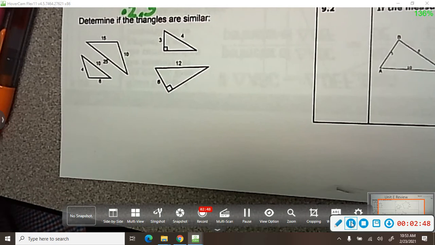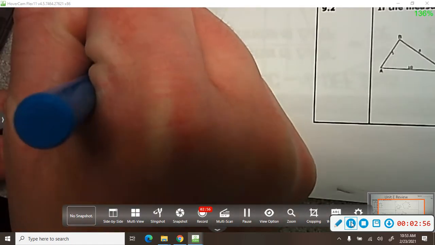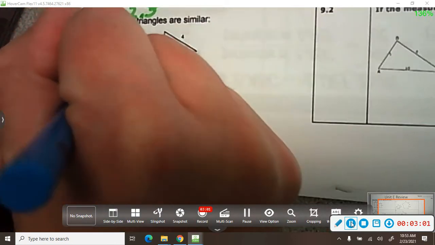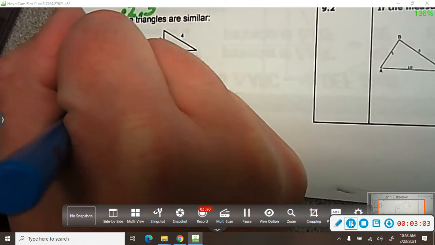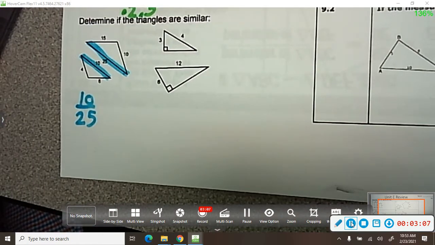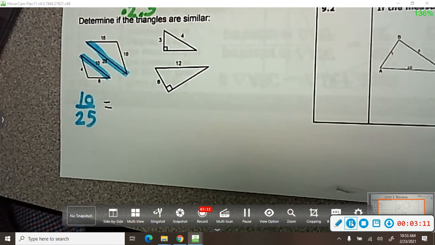Next one, determine if the triangles are similar. So another way you could see if something's similar is set up a proportion. So 10 to 25, so I'll put 10 over 25. Does that equal, and then it would be the small side with the small side, so the 4 is going to go with the 10.